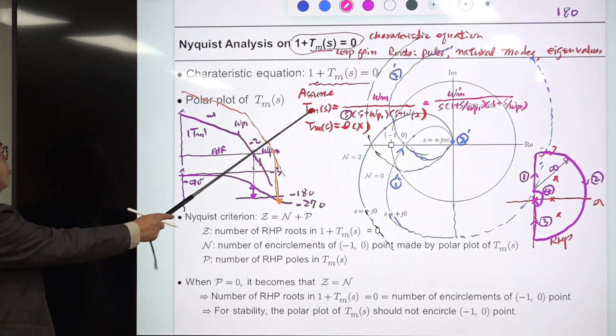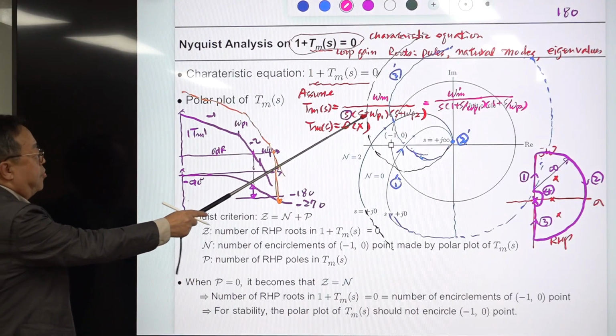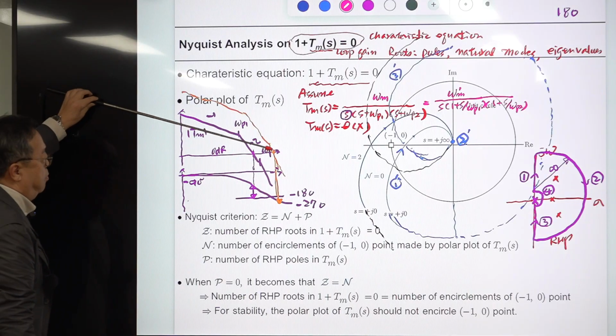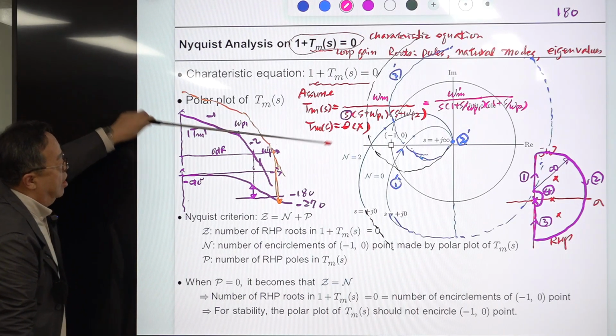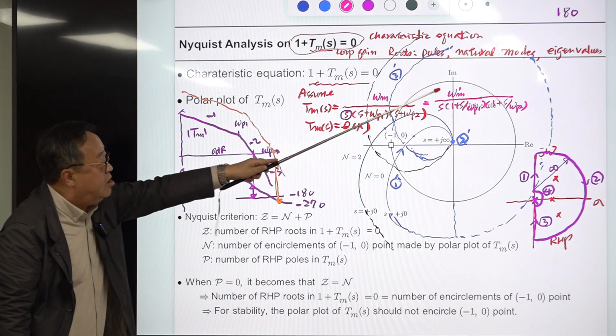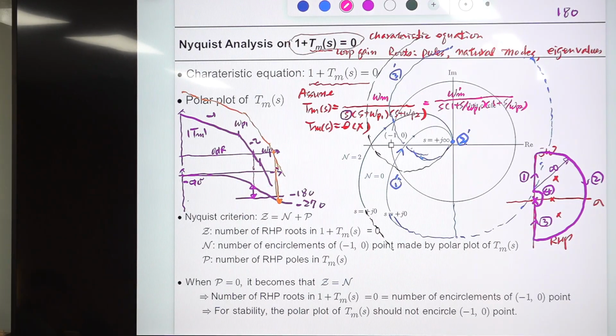And the Bode plot of this one, the asymptotic plot of this one, is shown in this purple color. So initially we have an integrator, and the integrator gain is omega m prime. So if you extend this line to meet this 0 dB line, that frequency is omega m prime. Okay.